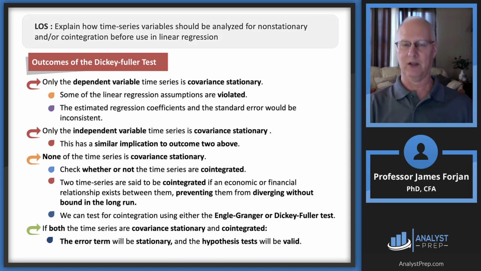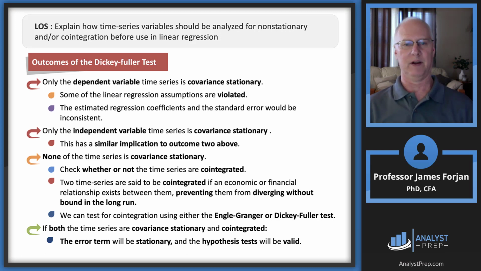And in particular, the estimated regression coefficients and their standard errors are going to be biased and inconsistent. So remember that if only the dependent variable is covariance stationary, then you have a problem. If only the independent variable is covariance stationary, well, then you have the same kind of problems, but they're not as bad.